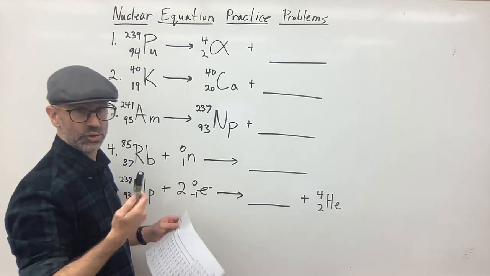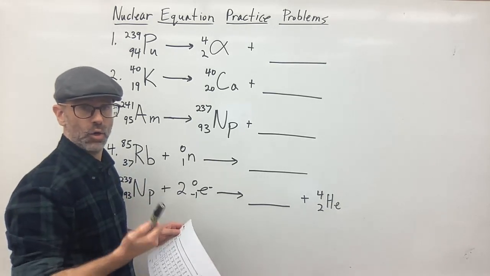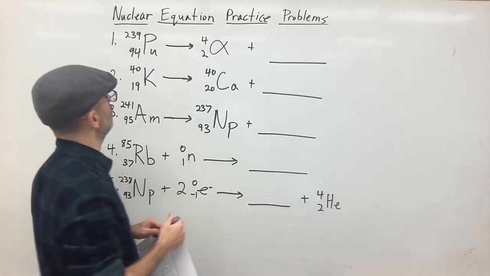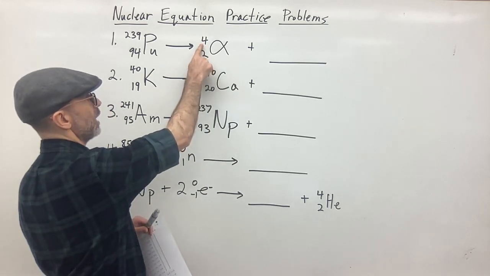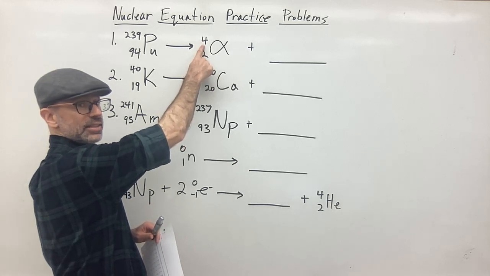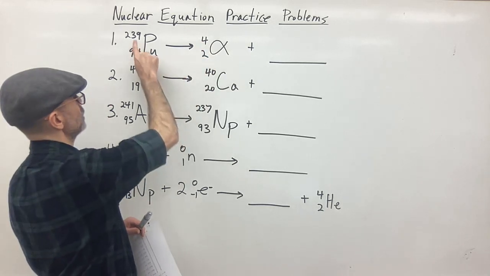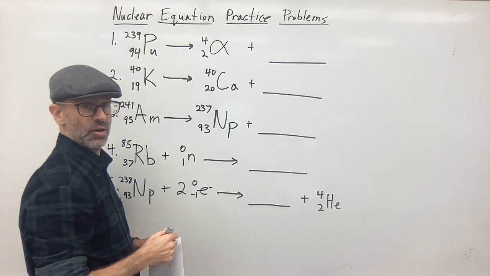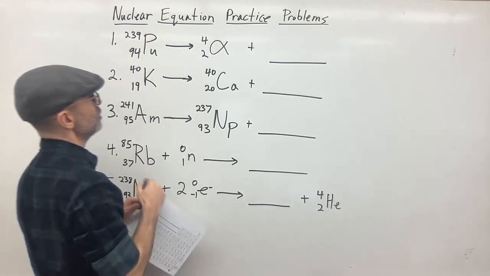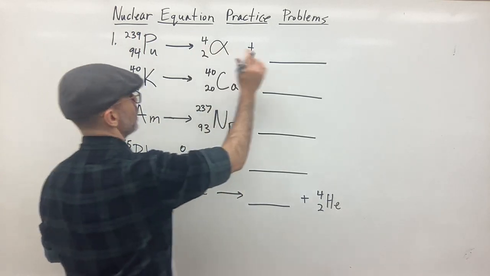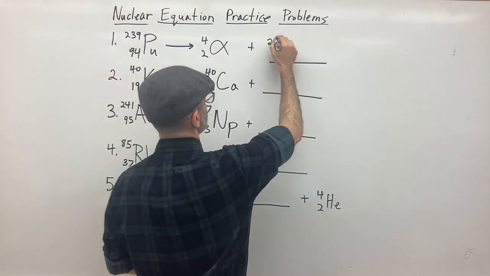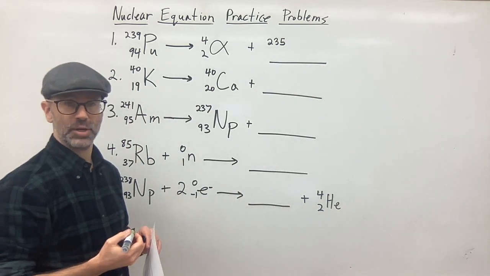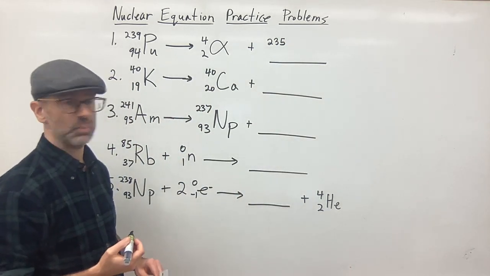Or I can just think, okay, what plus 4 gives me 239? And it's 235, right? So an easy way to do that is just take this number here, subtract it from the top number there, and you'll get that one. So 4 plus 235 gives me 239. Okay, so I have the top number of my missing isotope.